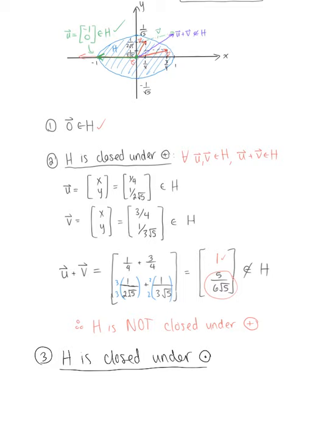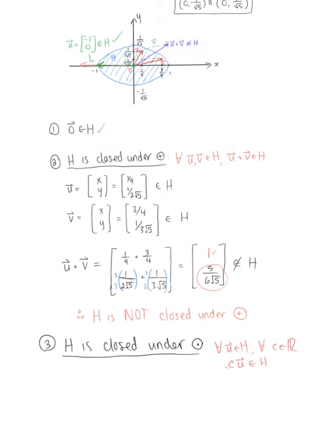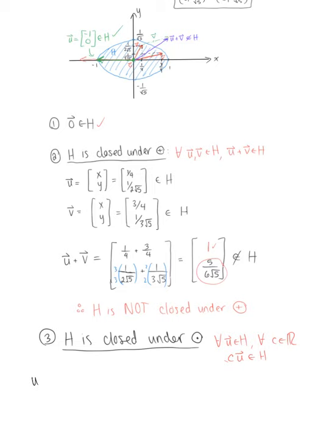So let's recall the definition real quick, that for all vectors u in H and for all scalars c, H is closed under scalar multiplication if the scalar multiple c times vector u also lives in H. So we have defined vector u as the vector in the plane with components -1, 0. Again, that's in H, no problem.